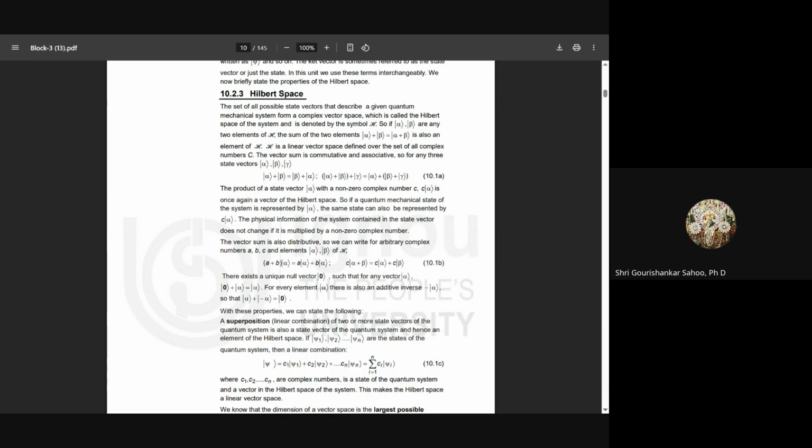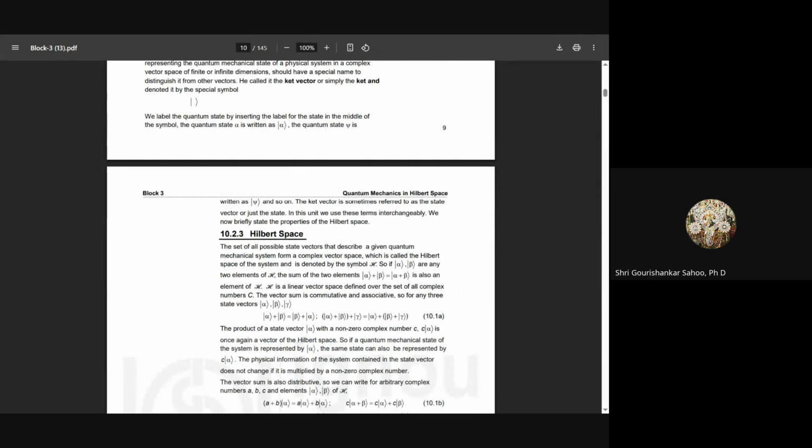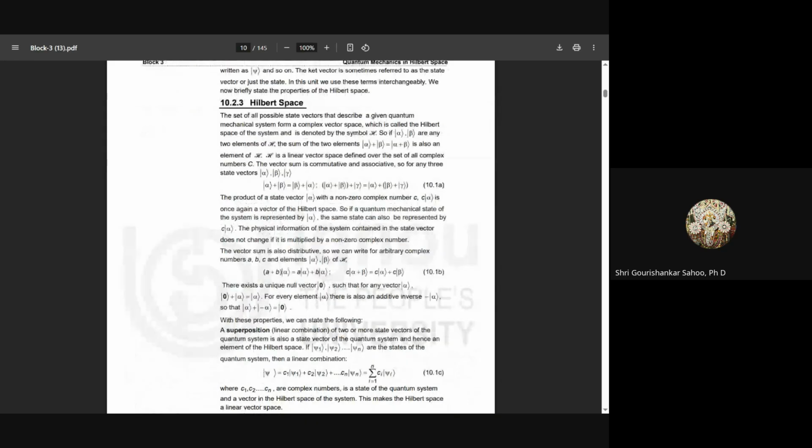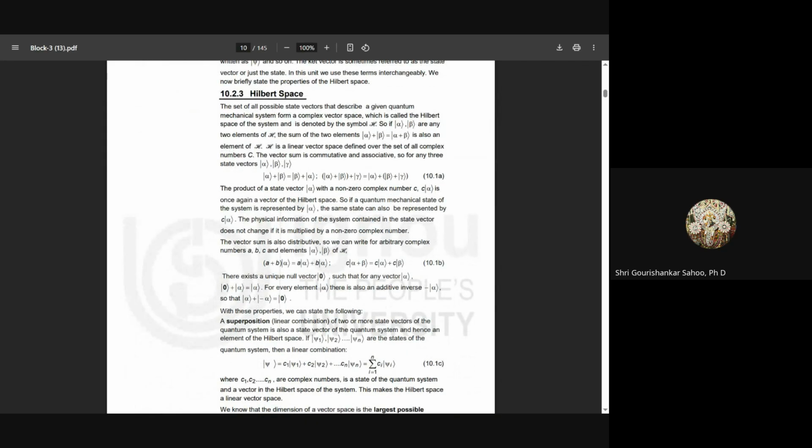So you can write, if alpha ket and beta ket are any two elements of H, then the sum alpha ket plus beta ket will be the state alpha plus beta ket, and it is also an element of H. So you can also write (a plus b) alpha ket is equal to a alpha ket plus b alpha ket.